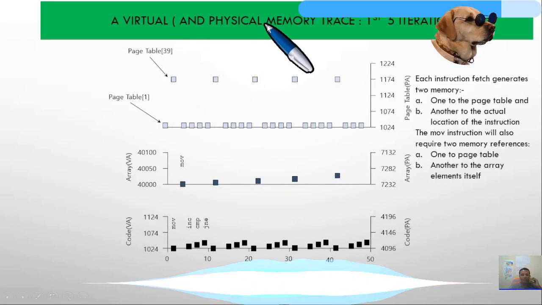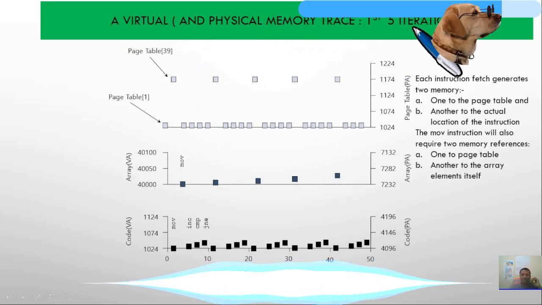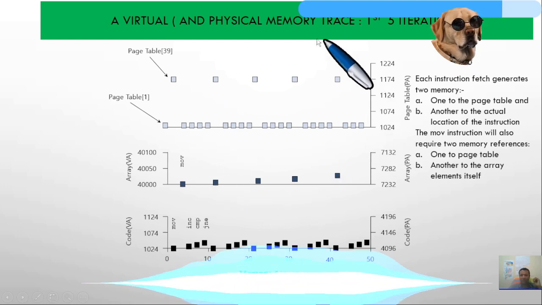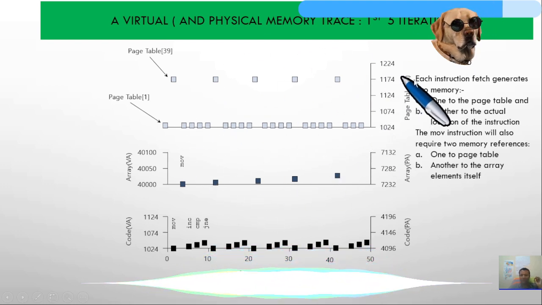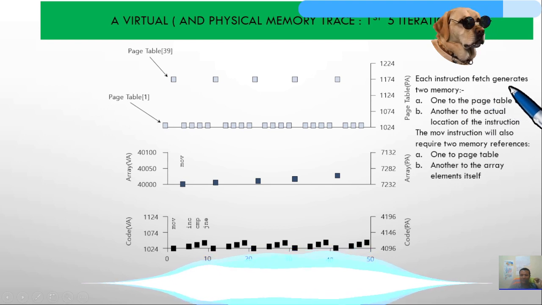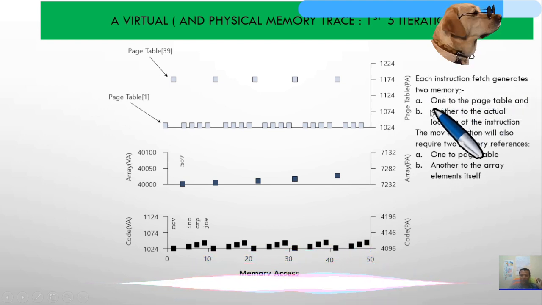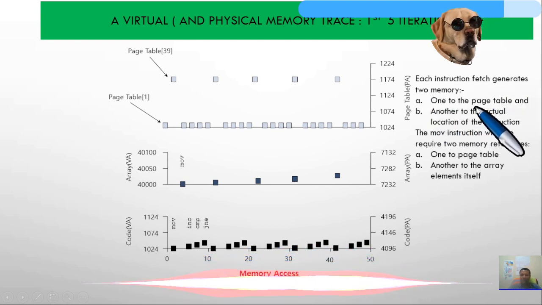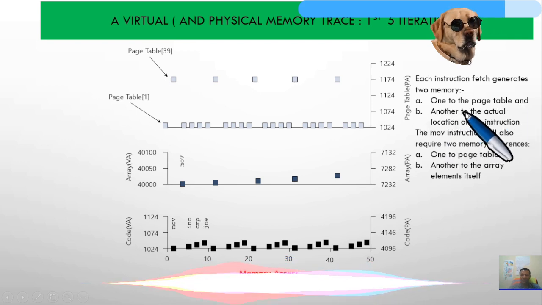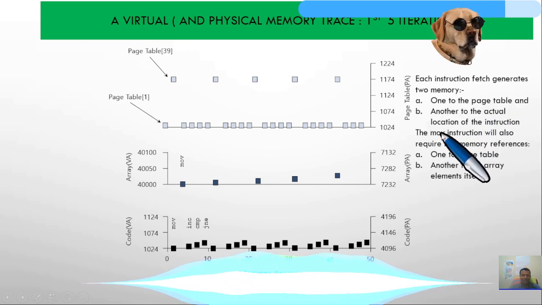The virtual and physical memory trace for the first 5 iterations looks like this. The most important thing is that each instruction fetch generates 2 memory references: the first is to the page table, and the other is to the actual location of the instruction.